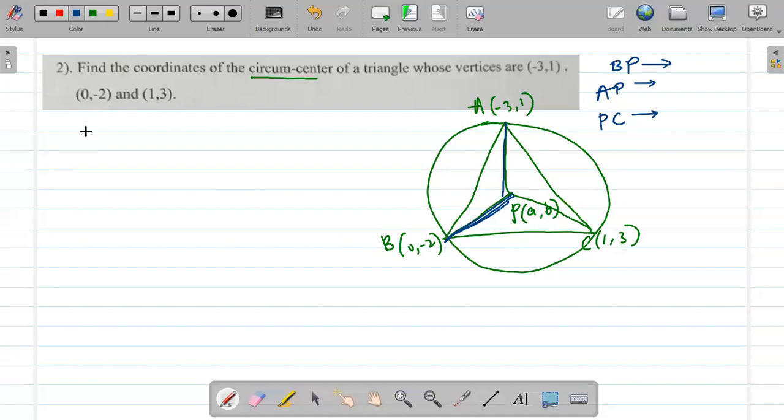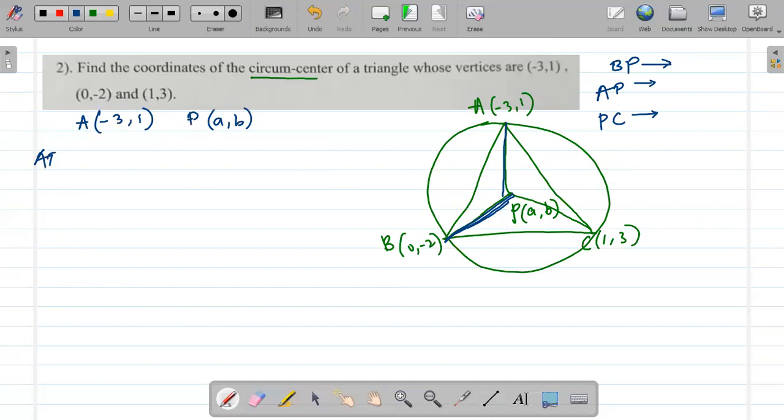Okay, let's look at it. Let's see what equation we get for AP. Let's first write out what A is here and what P is here. So A is (-3, 1), and P is (a, b).